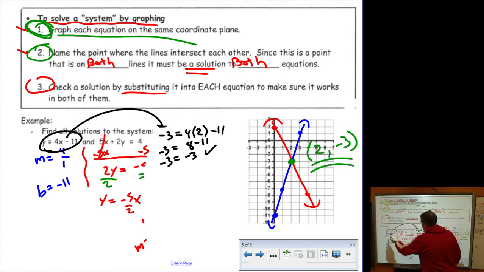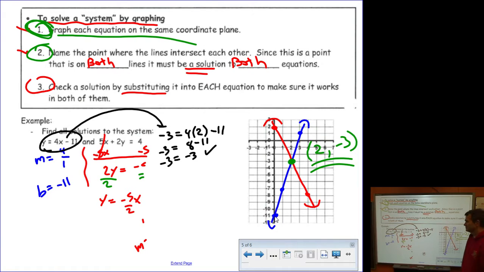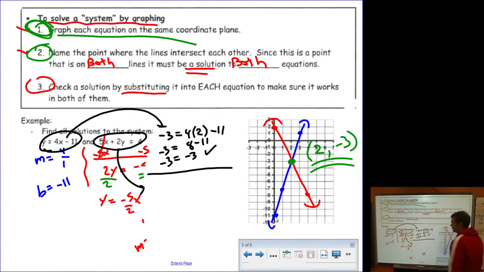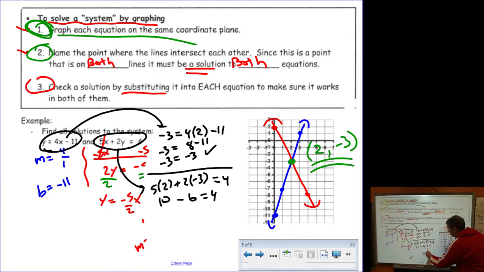It is a solution to the first equation. How about the second equation? That would be 5 times 2 plus 2 times negative 3 equals 4, or 10 minus 6 equals 4. And obviously it works for that one too. Because this ordered pair is a solution to both equations, it's a solution to the system.